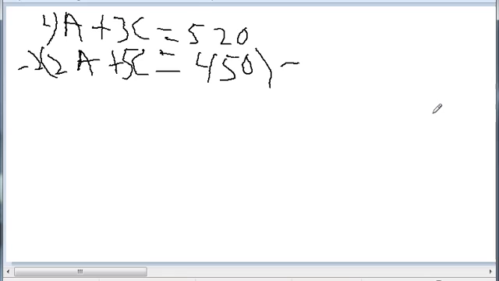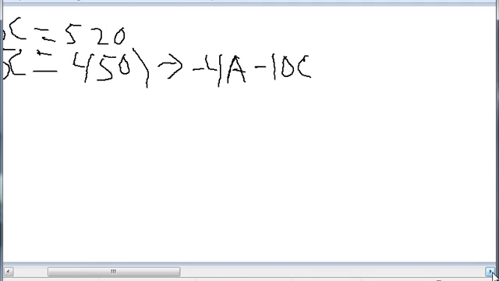So here, when we multiply this second equation by -2, everything on the inside of it by -2, that will give us -4a minus 10c, and then it's going to be equal to -900.